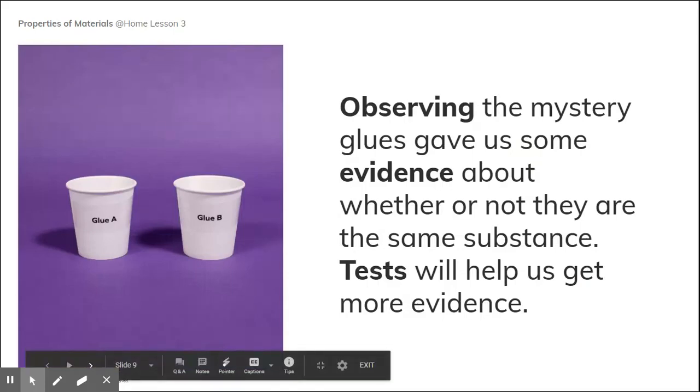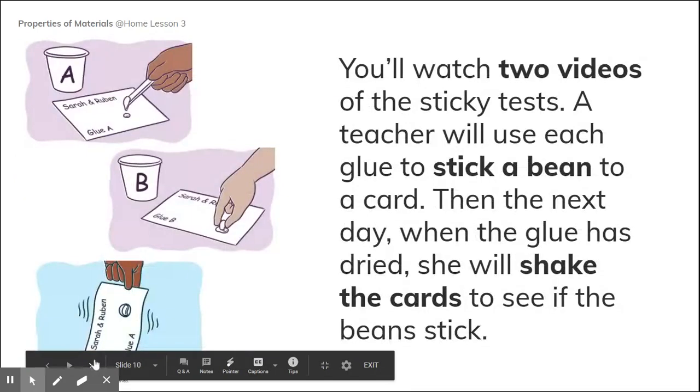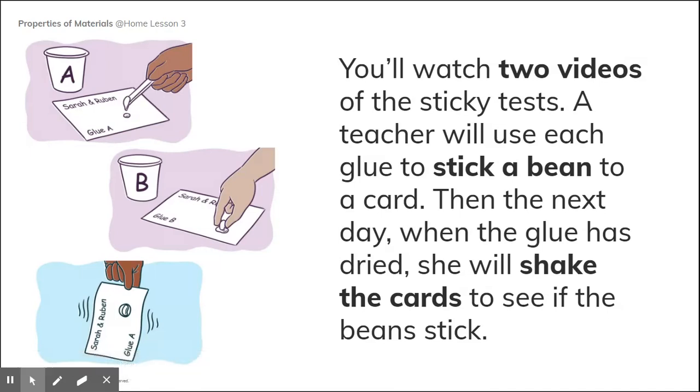So observing the mystery glues gave us some evidence about whether or not they're the same substance. Tests will help us get more evidence. So we observed some of the properties, but we're going to test them now, and it will give us more information about their properties. You're going to watch 2 videos of the sticky test.